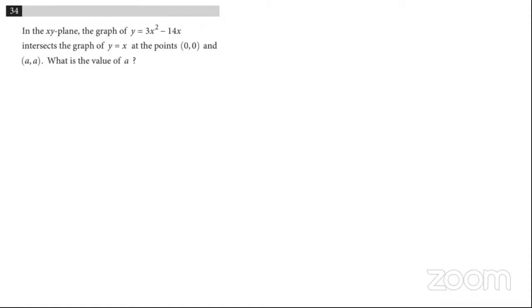What can we observe from this question? The graph of y equal to 3x square minus 14x is actually a parabola opening upwards.